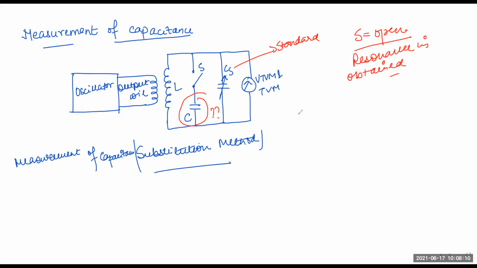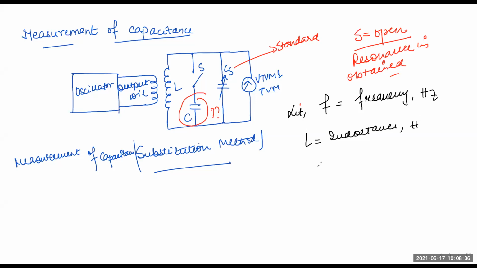Let F be the frequency in hertz. Let L be the inductance of the coil coupled to the output of the oscillator, in henry.